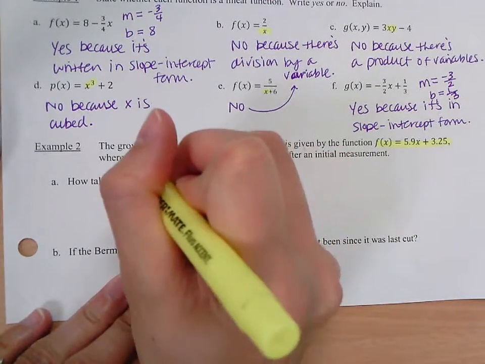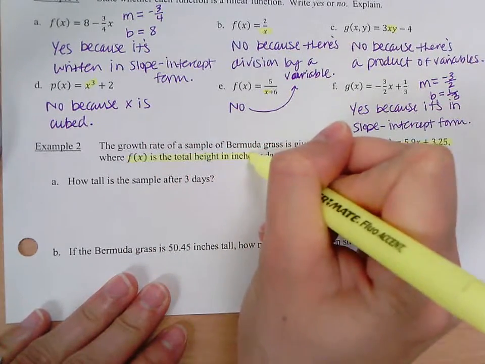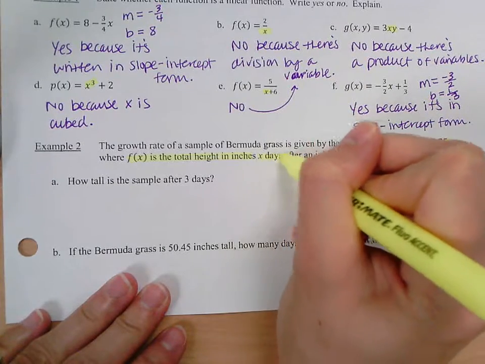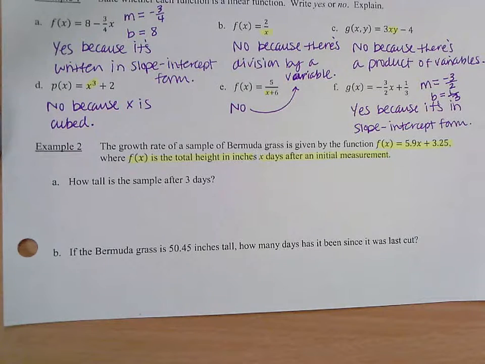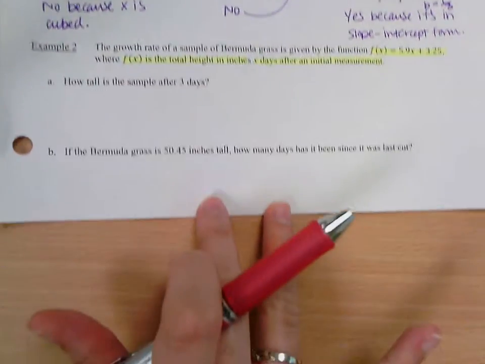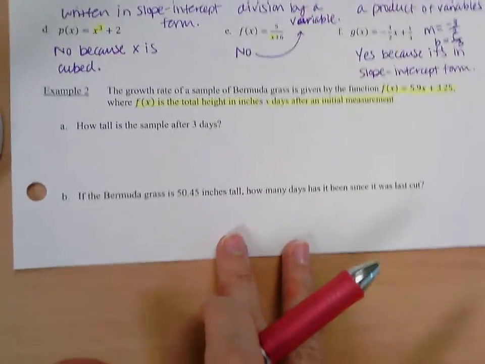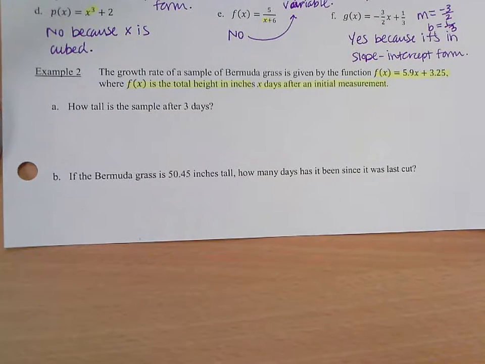So it's saying f of x is representing the total height in inches, x is representing the days after an initial measurement. So f of x is height, x is days. A asks you how tall is the sample after 3 days, and then B asks you if the Bermuda grass is 50.45 inches tall, how many days has it been since it was last cut? So go ahead and answer those and then we'll check them and move on to standard form.